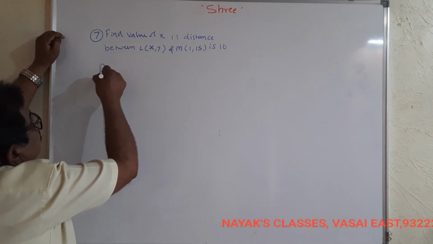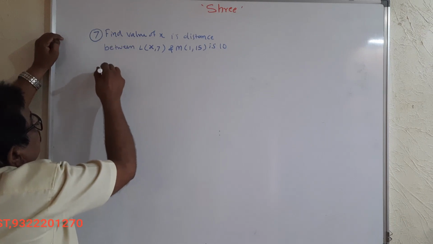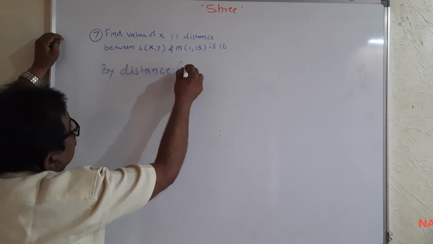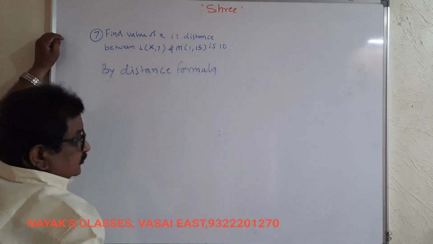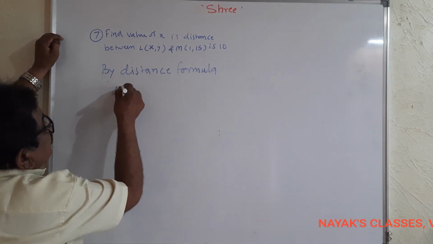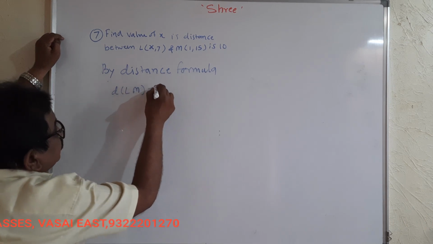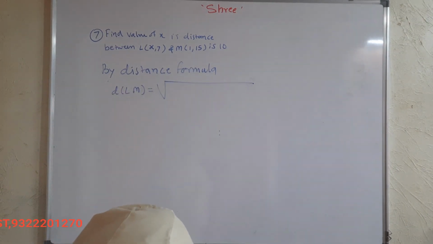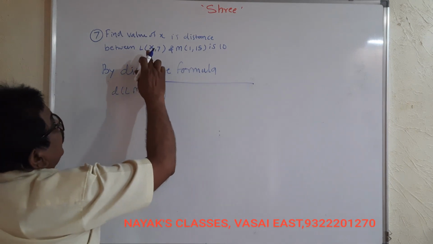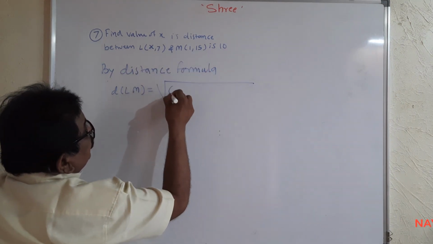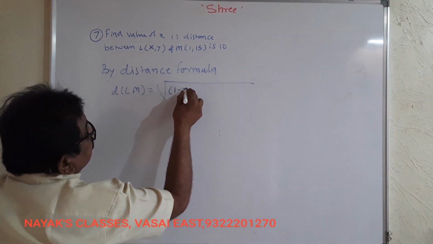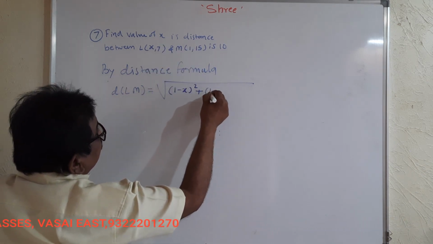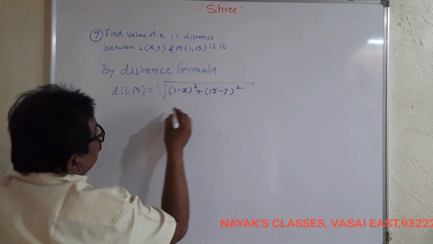By distance formula, distance LM is equal to, x1 y1 x2 y2, so under root (1 minus x) the whole square plus (y2 minus y1, 15 minus 7) the whole square.